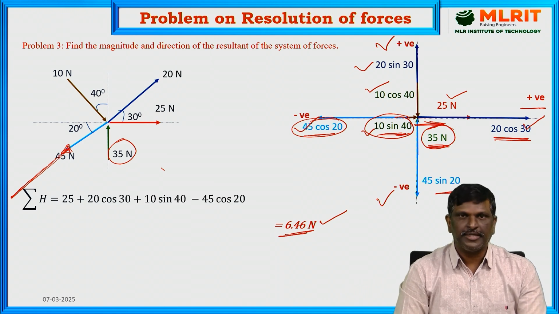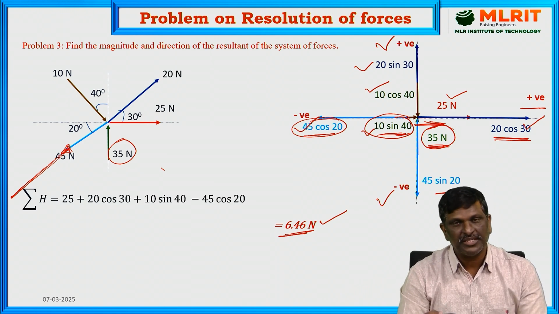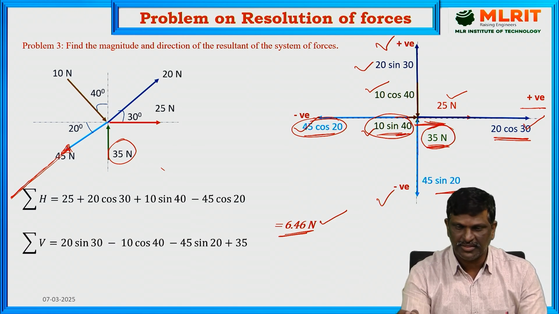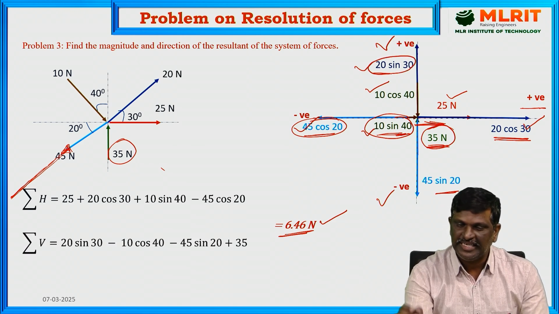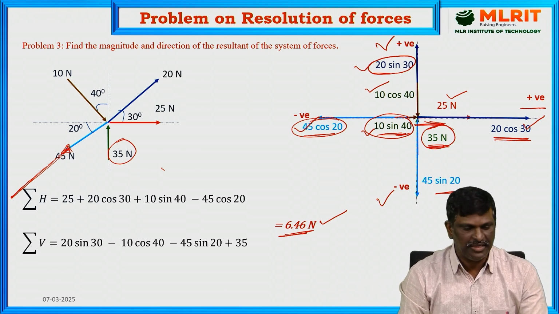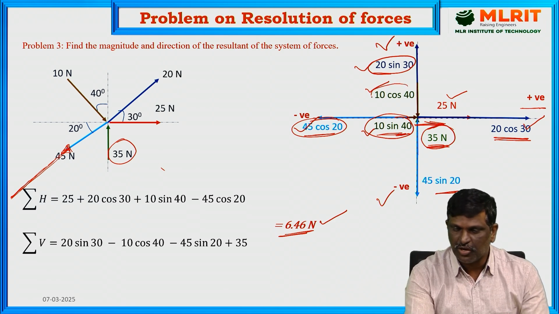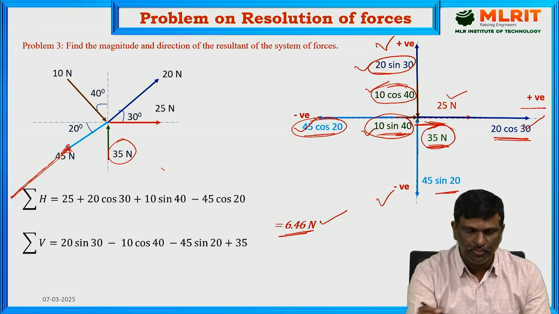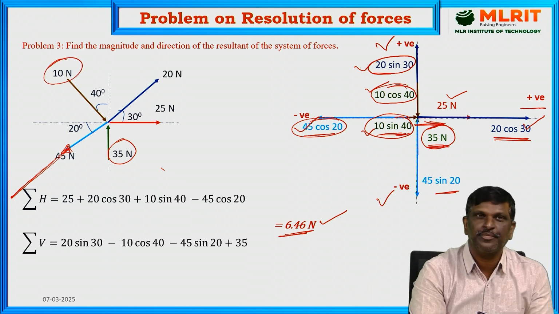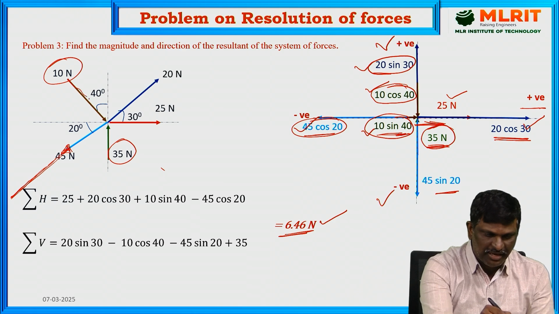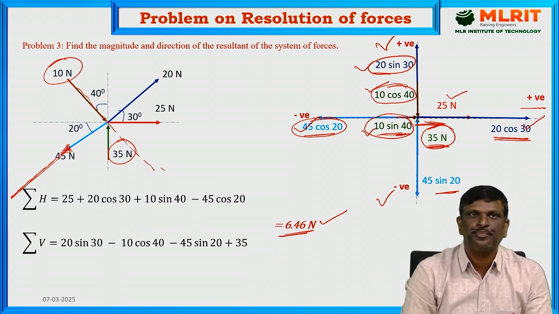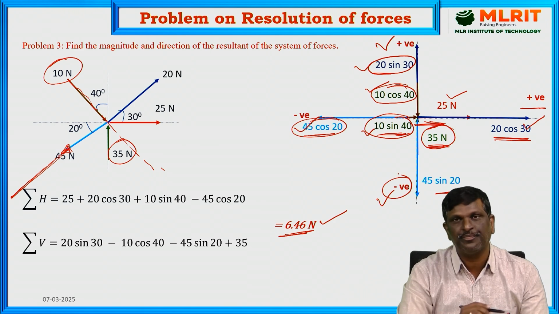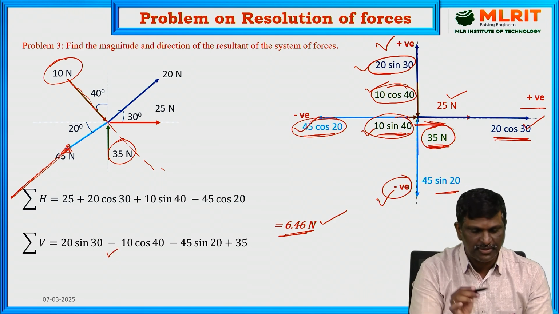Similarly calculate sum of all vertical components. The sum of all vertical components: 20 sin 30 and 10 cos 40. Here the 10 cos 40 is the vertical component of this force 10 newtons because it is affecting the body in the negative or downward direction, and downward direction we assumed negative, that's why it is minus.